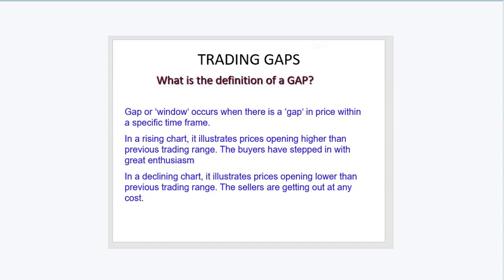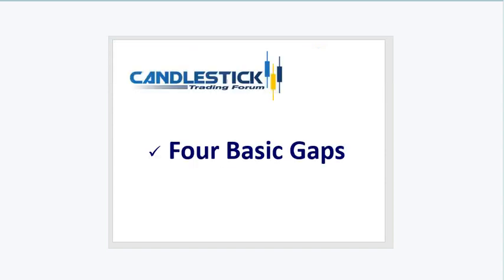If you apply that rationale to the four basic gaps, and you understand what human nature normally does, you've got much more mental preparedness for identifying not only what you should be doing, but which trades you should be going after.